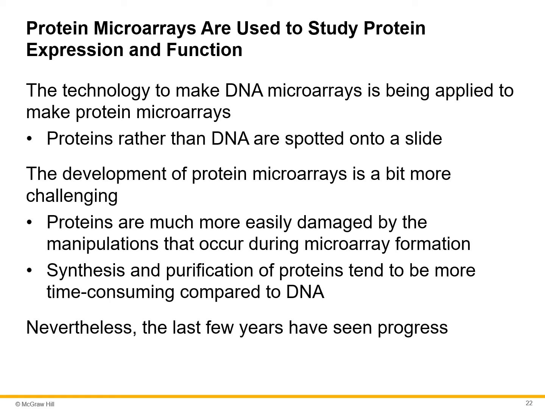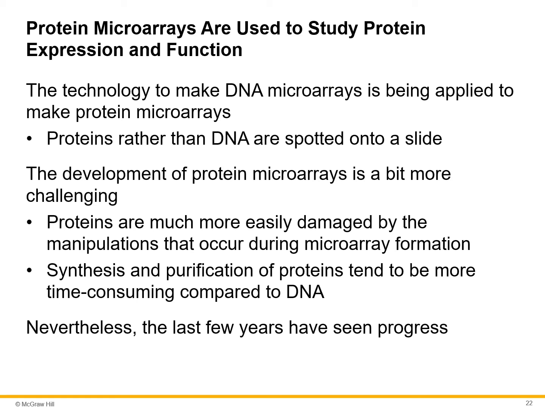So there are also protein microarrays, which are similar to the chip ones, to study protein expression. They're a little harder to do or not as widely used as the DNA ones. The proteins seem to be much more sensitive to the manipulations of making up the microarray, so they don't hold up as well.